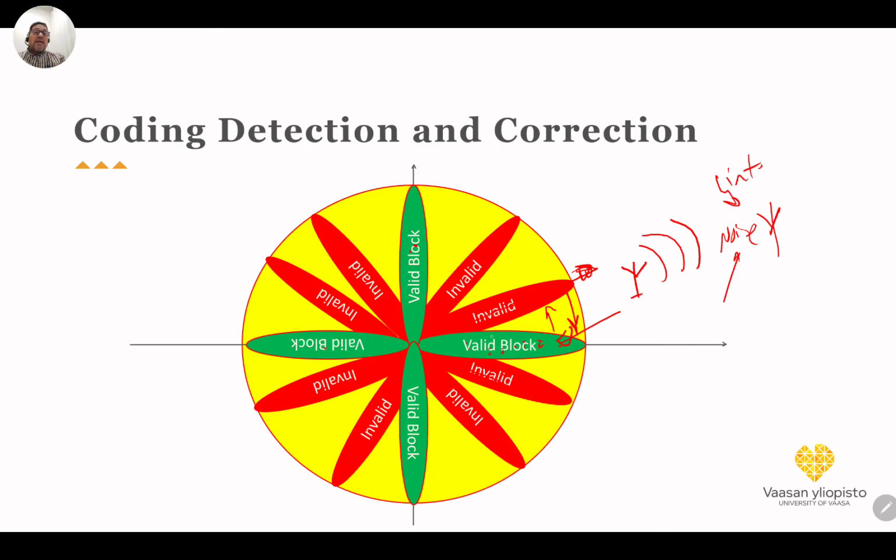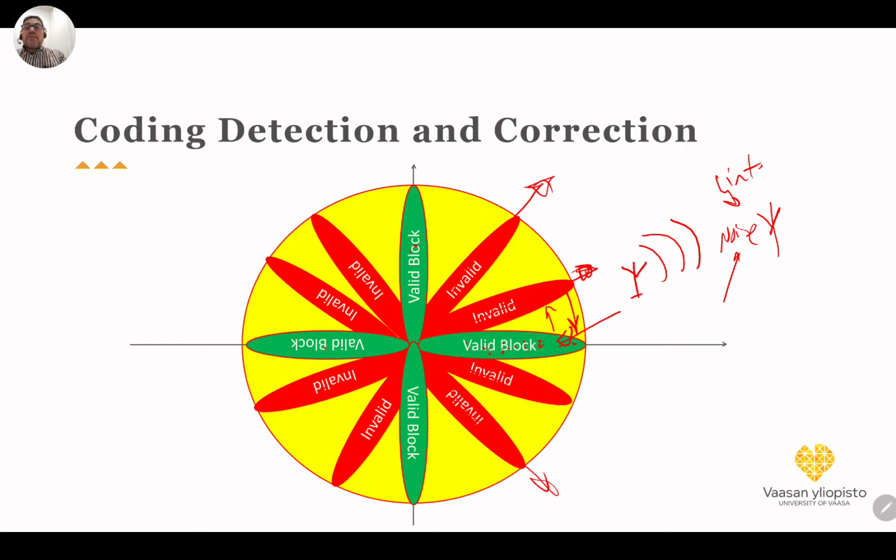Okay, now even though it is very unlikely, it could happen. If there were two errors in this valid block, then we will receive this invalid block, or maybe this one. Assume that we receive this one. The error here is detected because we were able to detect that it is invalid.